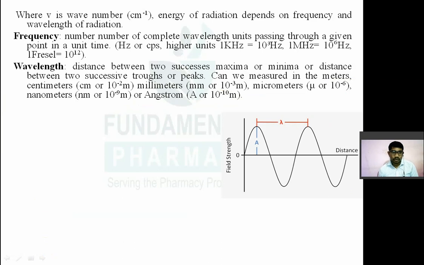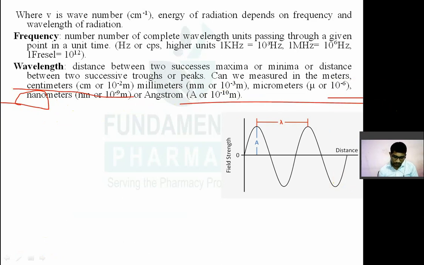So remember, centimeter 10 raised to minus 2, millimeter 10 raised to minus 3, micrometer 10 raised to minus 6, nanometer 10 raised to minus 9. Nano for 9, you can remember, nano for 9. Then angstrom for 10.